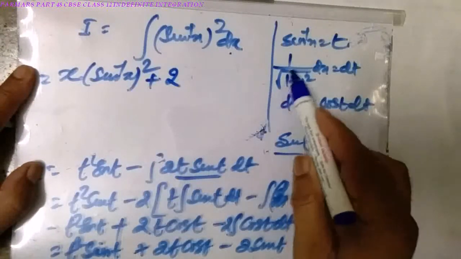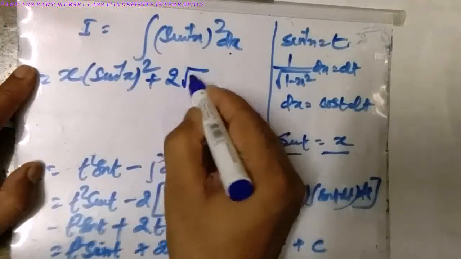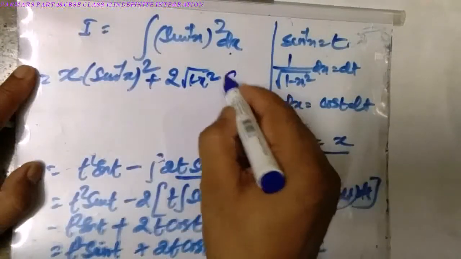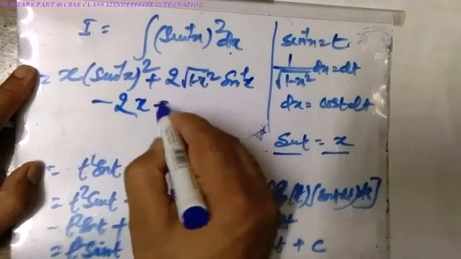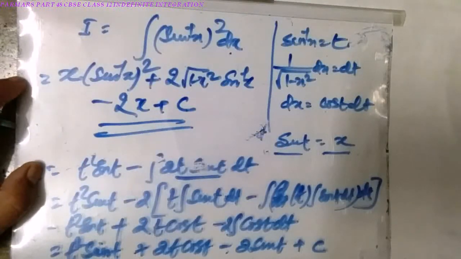Certainly cos t is root under 1 minus x square. So root under 1 minus x square, and in place of t it is sin inverse x, minus 2 sin t, which is x, and plus c, where c is the constant of integration. Am I right?